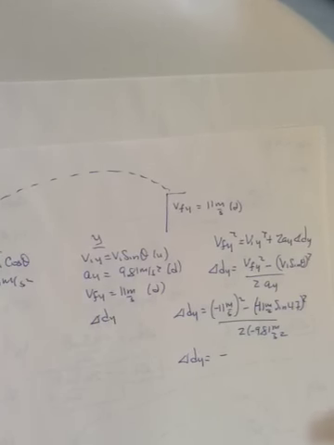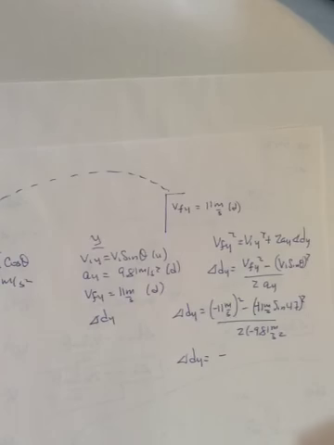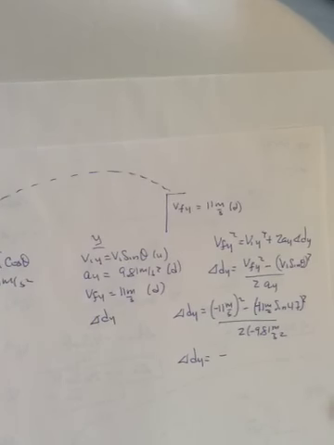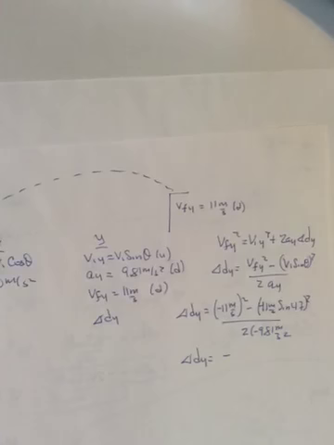Minus bracket 41 times sine 47, close the bracket, squared, equals.